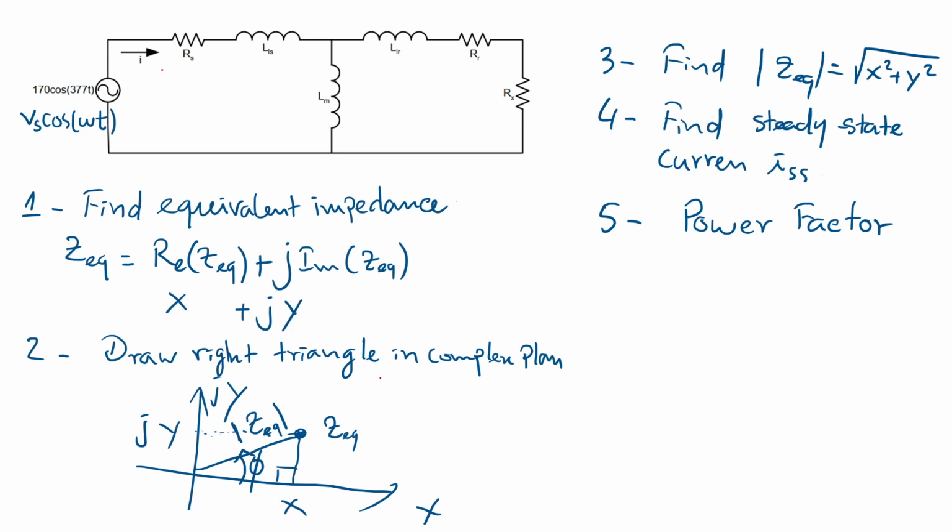So step 1, you need to find the equivalent impedance. For example, the impedance for the resistor here, let's call it Z1, is just R itself. The impedance for the inductor here, let's call it Z2, equals jωL. So it is defined in the complex plane.